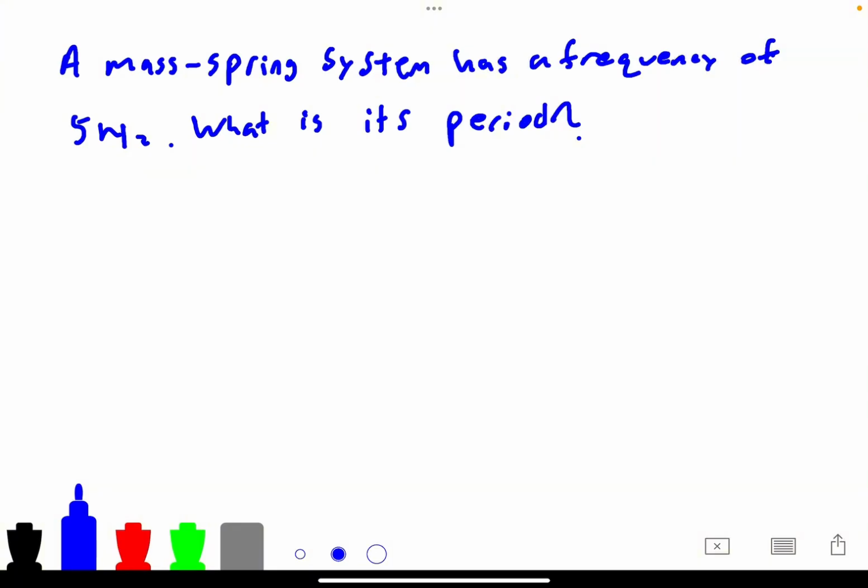A mass spring system has a frequency of 5 Hz. What is its period? We've talked about periods within a spring, and it was T equals 2 pi square root of m over k. However, since we know the frequency is 5 Hz, we can use this to find the period.